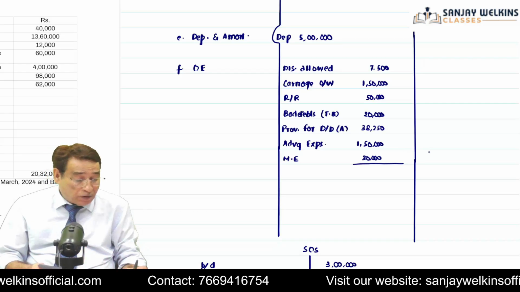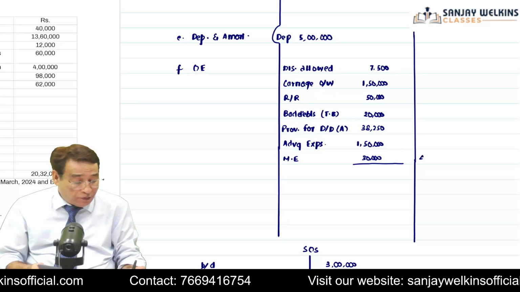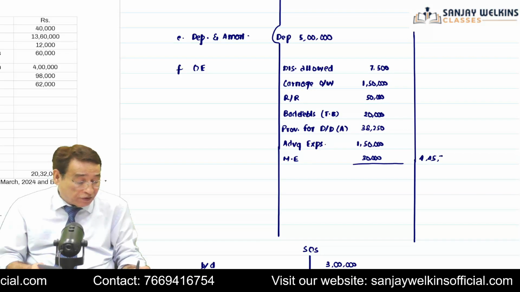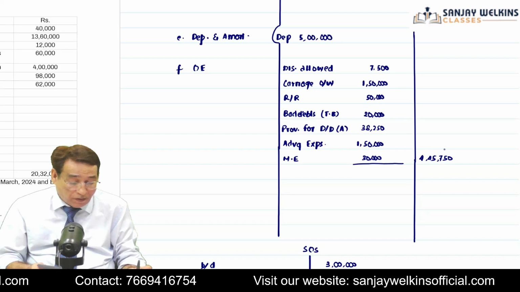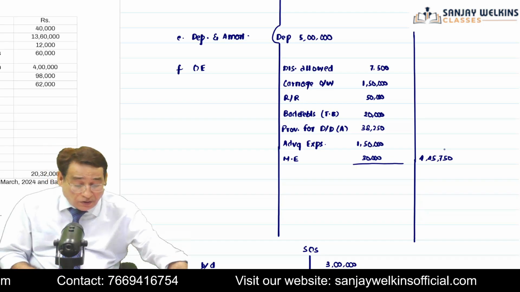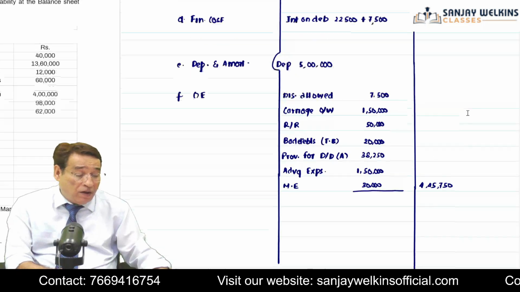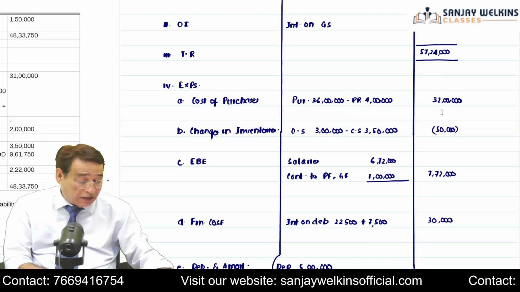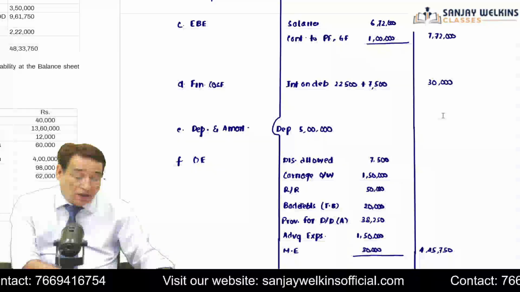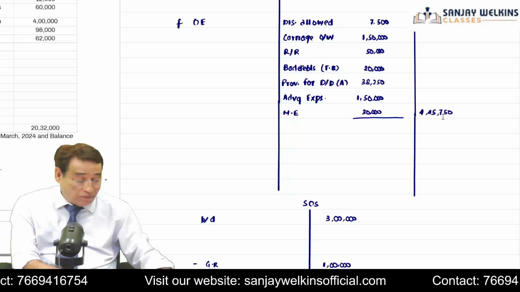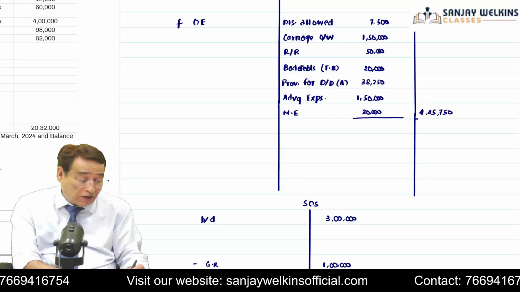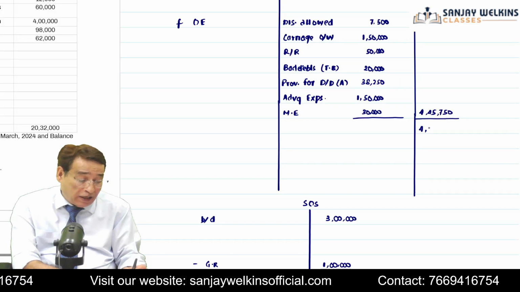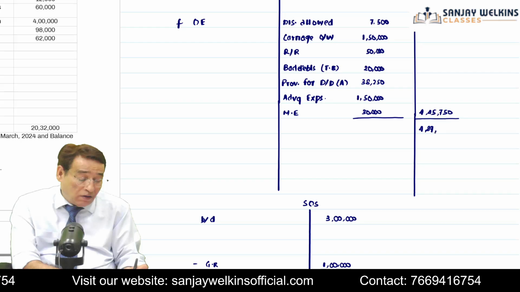So as per my calculation, it is coming to 4,45,750. Correct? Now you are going to add your expenses. 32 lakh minus 50,000 plus 7,72,000 plus 30,000 and plus 4,45,750. So your total expenses will be equal to 4,89,750.